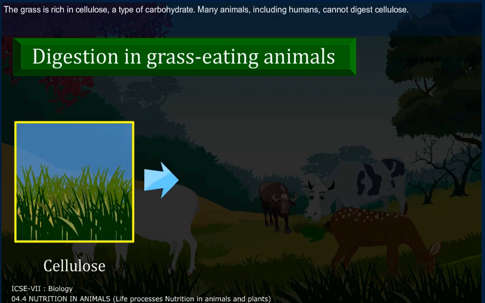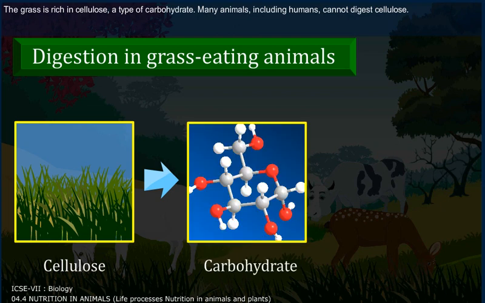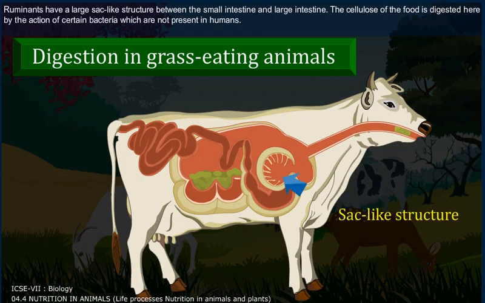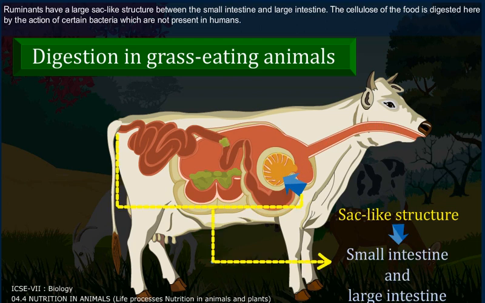The grass is rich in cellulose, a type of carbohydrate. Many animals, including humans, cannot digest cellulose. Ruminants have a large sac-like structure between the small intestine and large intestine.